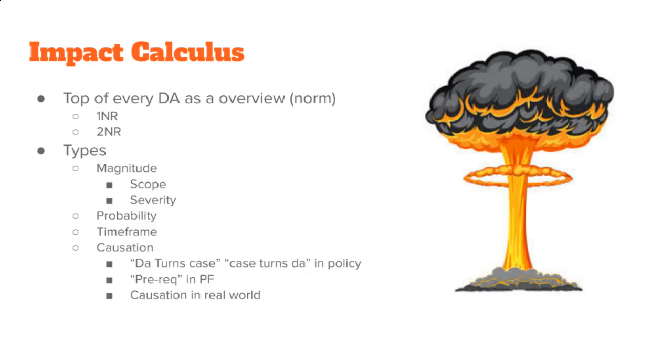Now, this is probability-ish because it's not about whose impact is better or more probable. It's whose causation is more probable. If there is a 90% chance that warming causes extinction, but only a 1% chance that disease causes warming, then even if disease comes first, maybe we want to take the gamble of just 1% to pretty much solve it 90% by waiting a little bit longer and solving warming first.